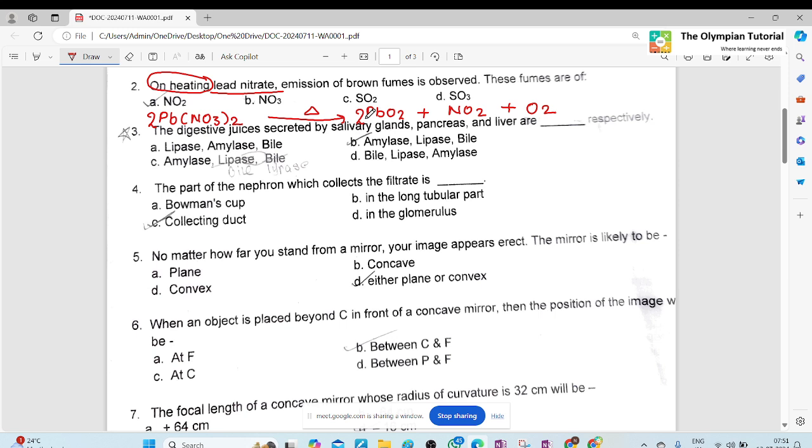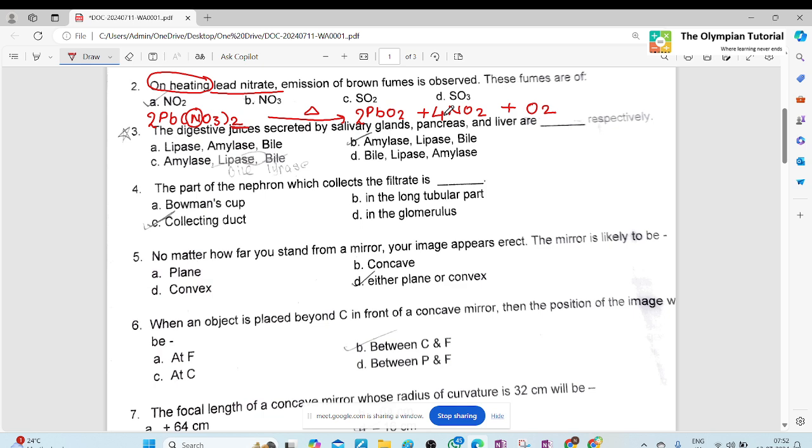After that, here 4 NO2. Let me know the number of nitrogen in the reactants. Nitrogen is 4 because this 2 applies to nitrogen also. And what about oxygen?